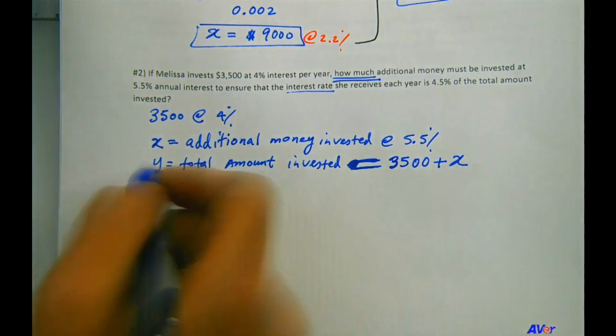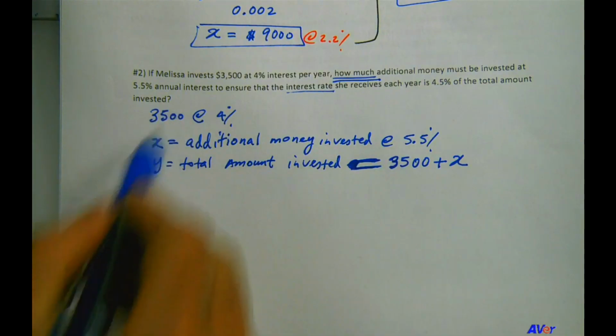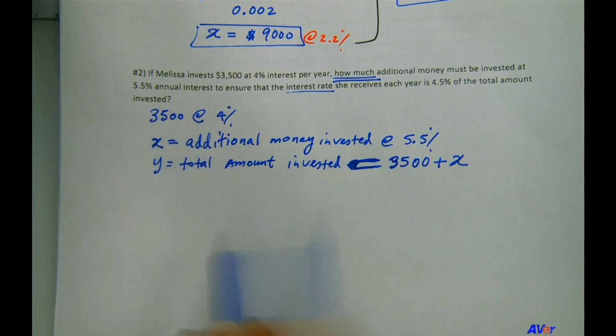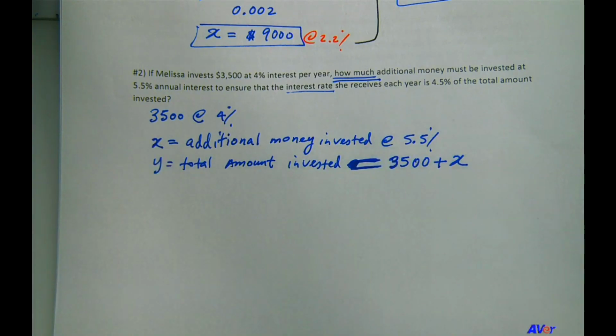You could take that as capital T for total amount, okay? But it should equal 3,500, which was initially invested at 4%, plus any additional amount that is being invested at 5.5%.